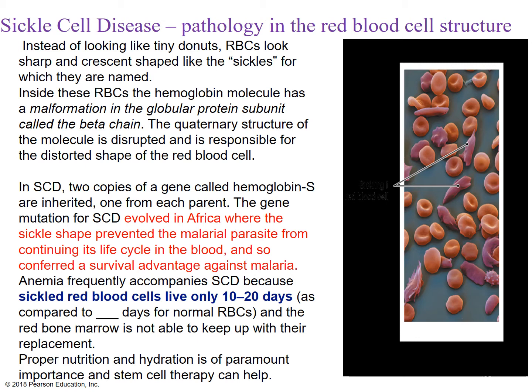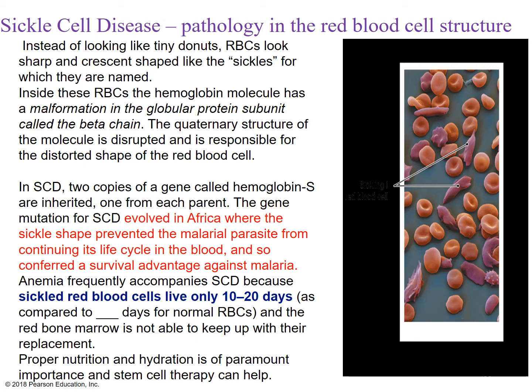In this gene, actually, the mutation evolved in Africa, where this sickle shape prevented the malarial parasite from continuing to live on in the blood. So it did offer an advantage against malaria whenever you lived in an area where this was really high.